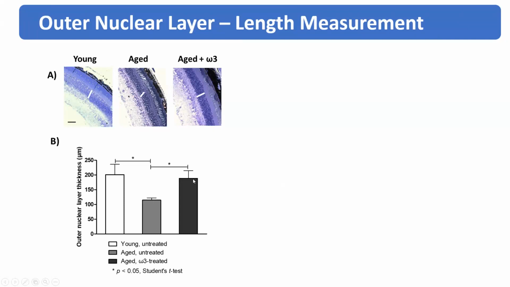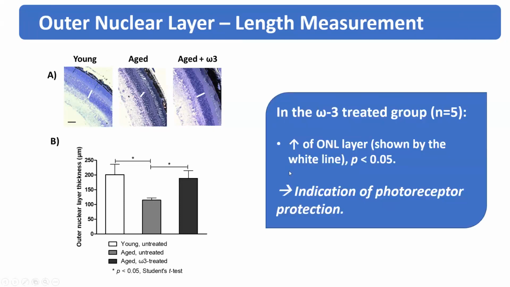If you compare it to the treatment, you can see that there is a significant increase compared to the untreated group. So that shows you that treatment with omega-3 indeed protects the photoreceptors.